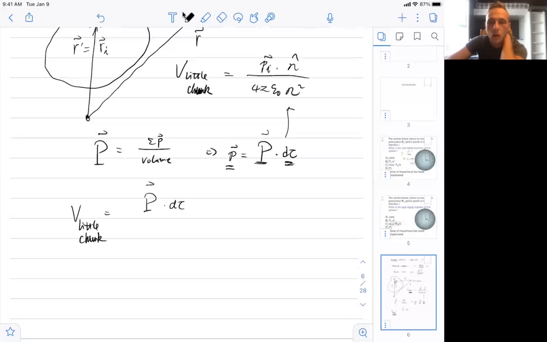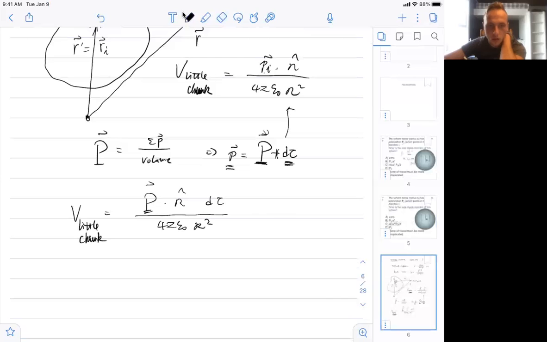To avoid confusion, I'm going to put a little detail behind. This is not a dot product, because d tau is a scalar and the vector is carried by P. So instead of p dot r-hat, you're going to have polarization dot r-hat d tau over 4 pi epsilon naught curly r squared.